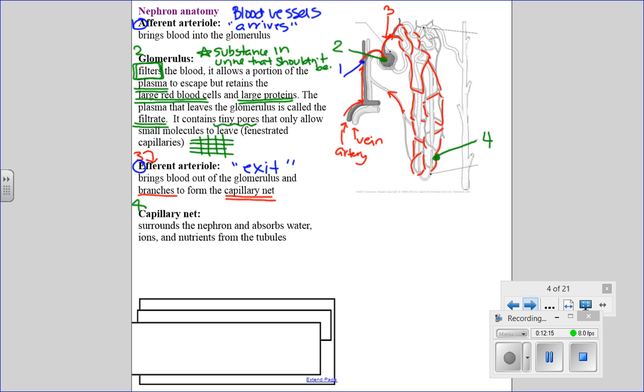The key thing that I want you to notice is that the efferent arteriole has filtered blood in it. The afferent arteriole does not have filtered blood. It hasn't gone through the glomerulus yet. The efferent arteriole has blood that has been filtered. Things have been removed from blood.